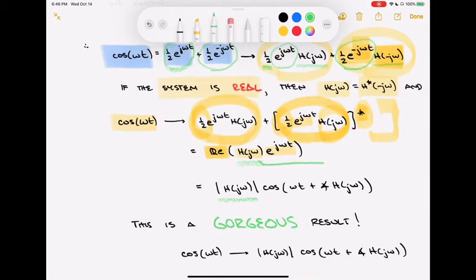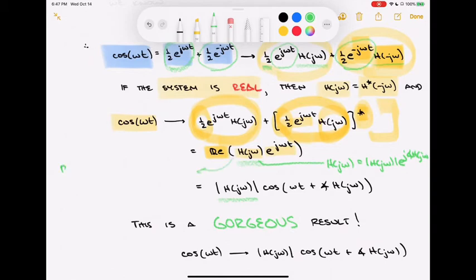So I can write H of j omega, if I was going to write that in a slightly different way, it is the magnitude of H of j omega times e to the j angle of H of j omega. And I ran out of space there. But that's just the polar form of that, okay? So if I take that and multiply by e to the j omega t, I really should have put in another step here. So let's throw in the other step.